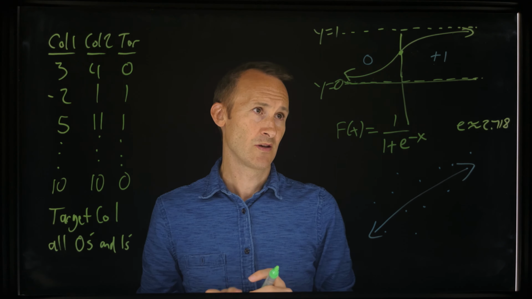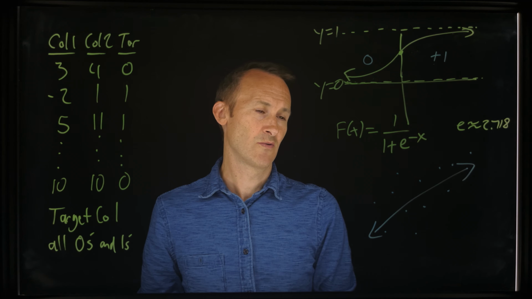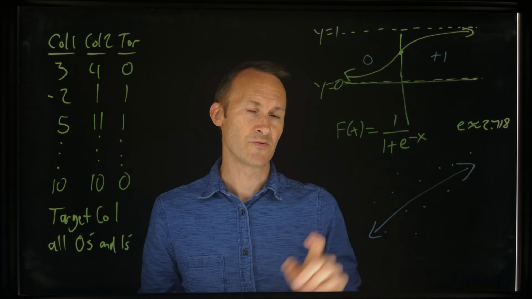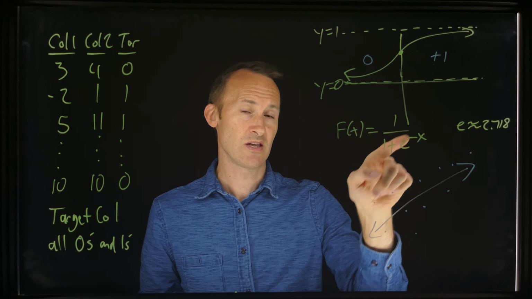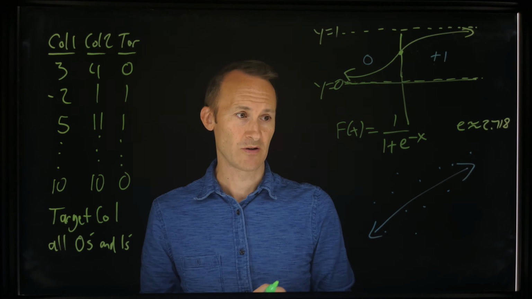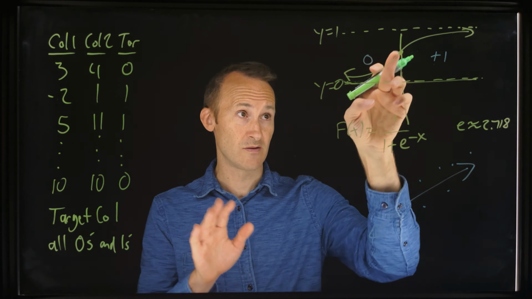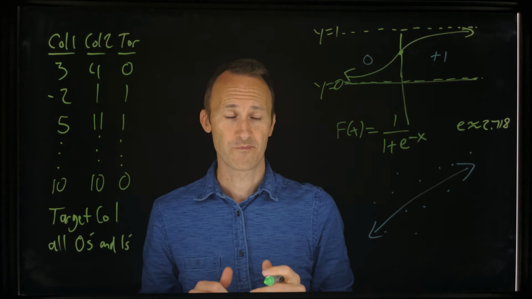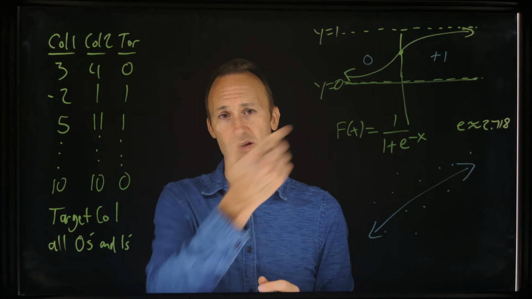Okay. And if you plug in 0, you do get 1/2 because e to the 0 is 1, and 1 over 1 plus 1 is 2. Okay, so it does fit the middle and the endpoints here. All right, so how to go from here to here.